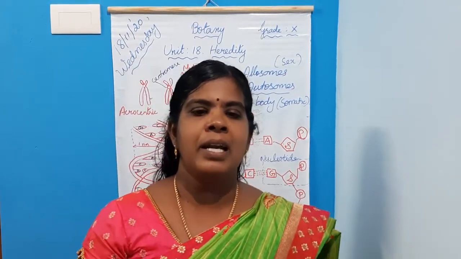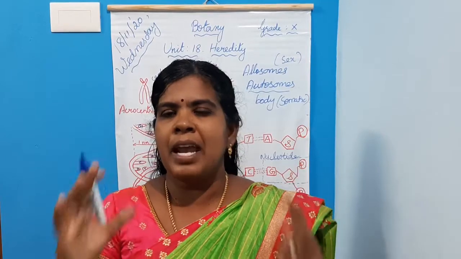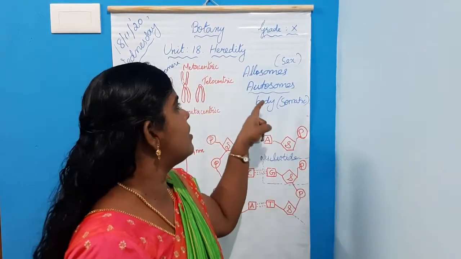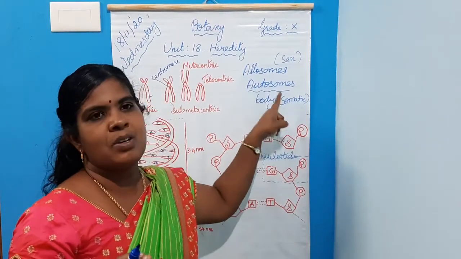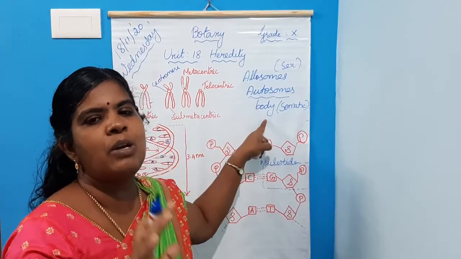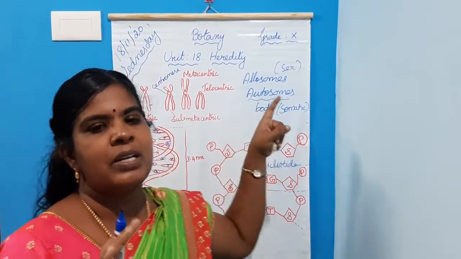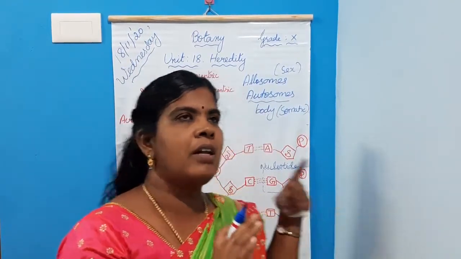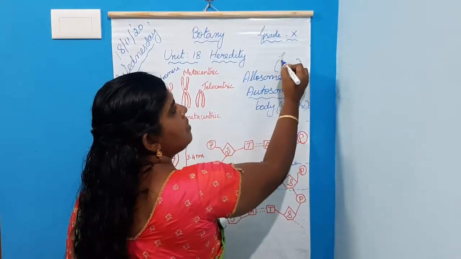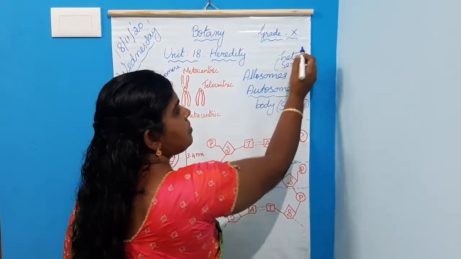Male and female have the same or equal number of autosomes in their body. It is also called somatic chromosomes. Then allosomes are otherwise termed sex chromosomes or heterochromosomes.